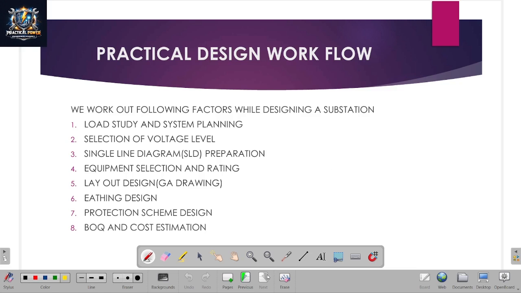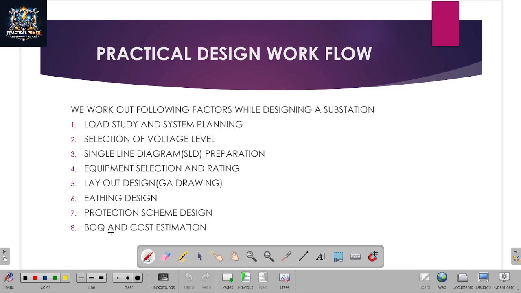So these are the overall steps. I have already told what is the main workflow, and during the workflow the load calculation with load study and system planning, selection of voltage level, single line diagram, I have already told, equipment selection and rating, how to select the equipments and rate them, and layout design, earthing design, as per the equipments and requirements we will design the earthing, the protection scheme design, what will be the protection scheme, we will design that.